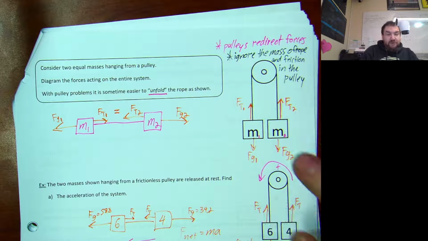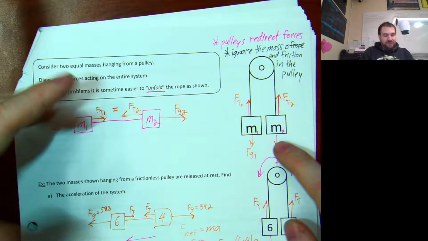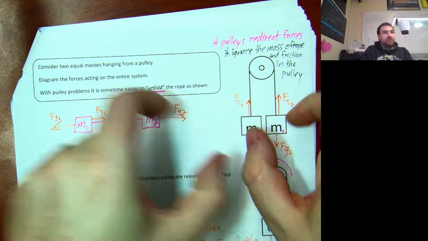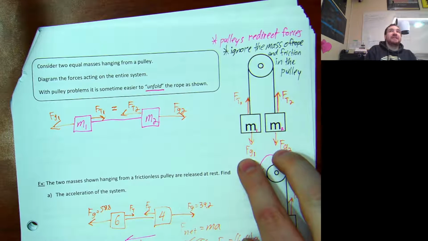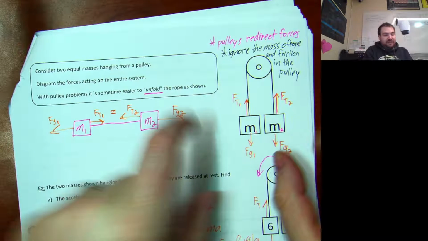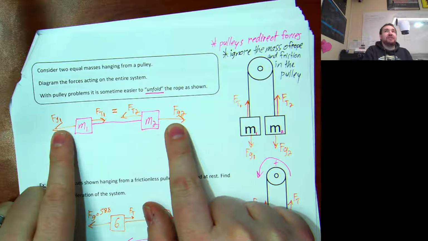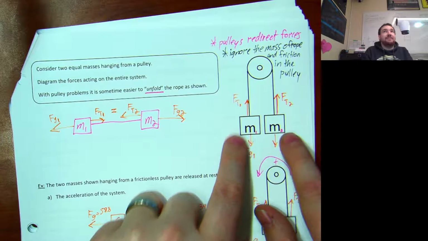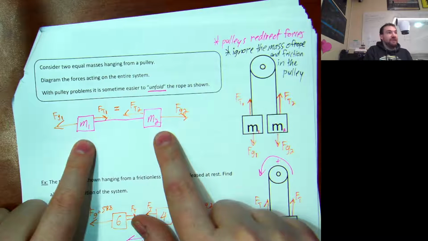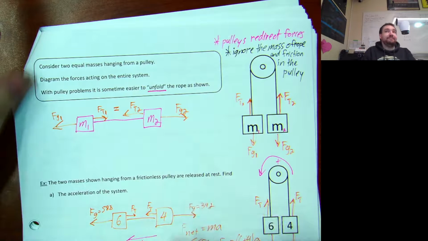Once you've done your free body diagram on the pulley, you lift the thing off and stretch it so that it's flat. Now we've got FG and these two different FGs. When we take it off the pulley to solve the problem, they're going to be going left and right instead of down, because this is actually what's happening. But to simplify the problem, we redraw it like this. So that's effectively all you missed yesterday.